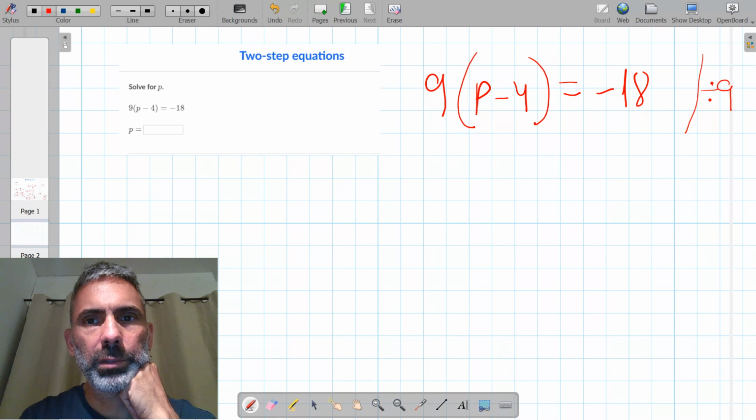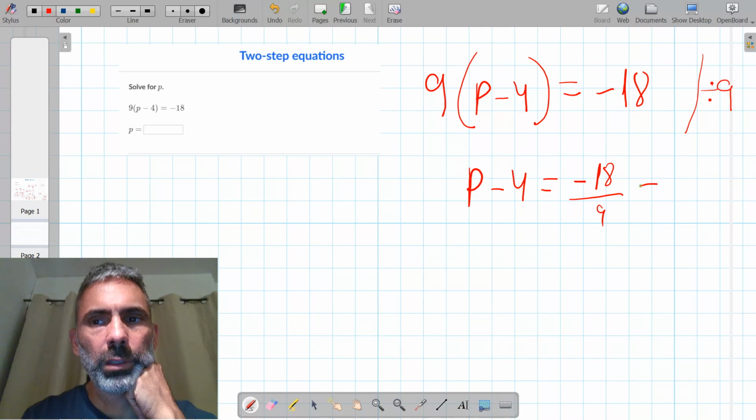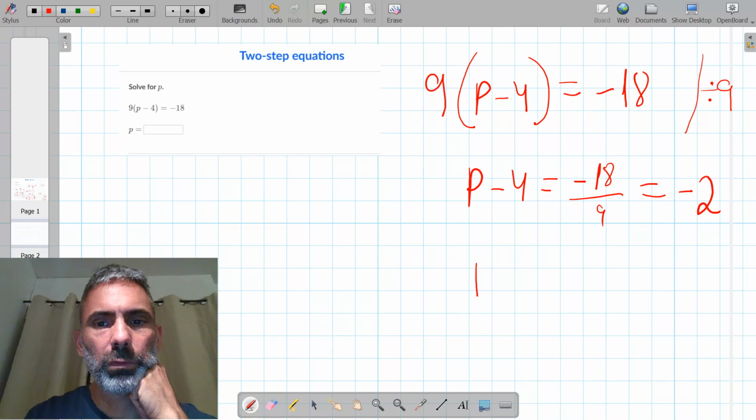On the left hand side, I'm left with just p minus 4, and on the right hand side I have minus 18 over 9, which is minus 2, because 18 divided by 9 is 2 and 18 is negative.